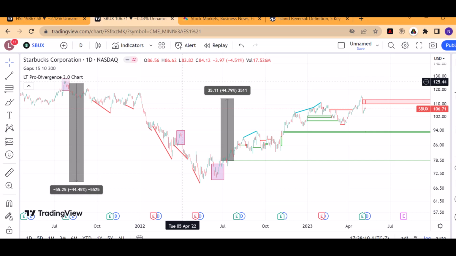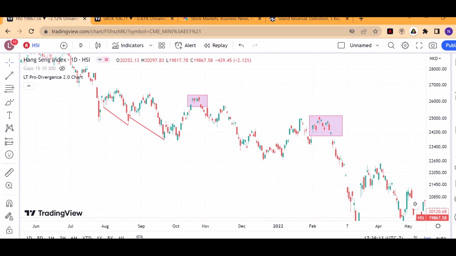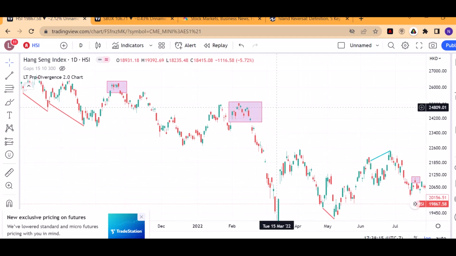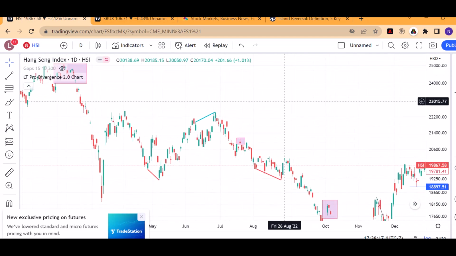Like this, you can identify the market returns. If you understand these patterns, you can dominate all your China stocks, valuable stocks like Baba, Baidu, JD. You can just dominate in the market.